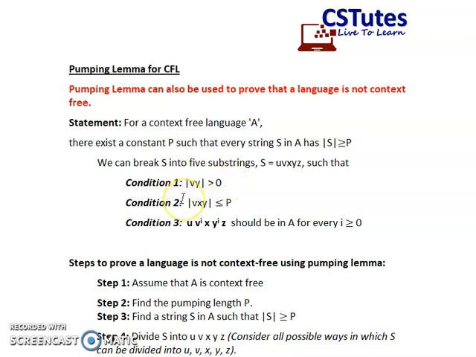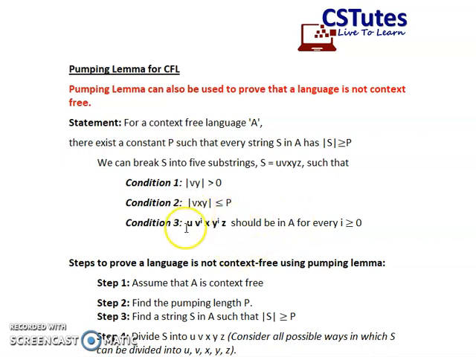Condition 2 states that the length of substrings V, X and Y taken together should be less than or equal to pumping length P. According to condition 3, U V^i X Y^i Z should be in our language A for every i greater than or equal to 0.